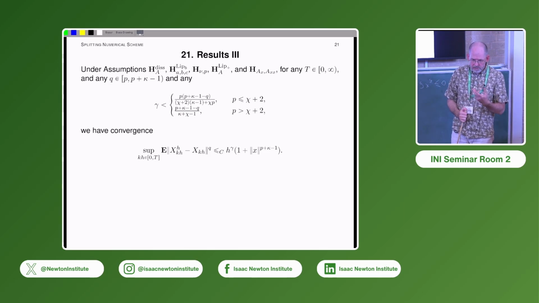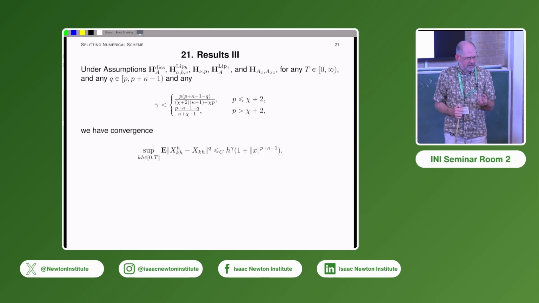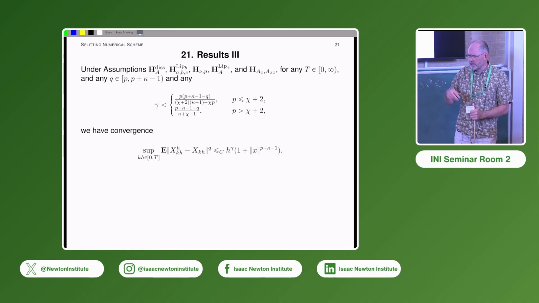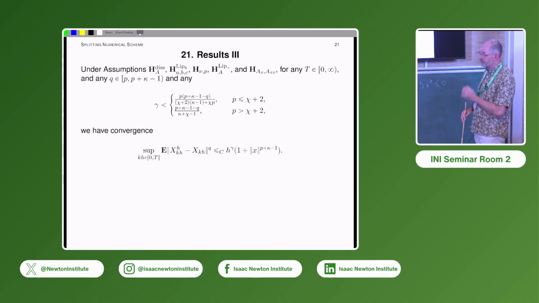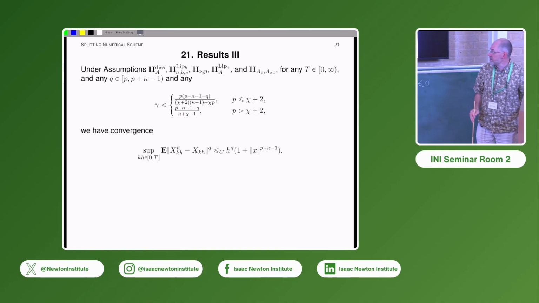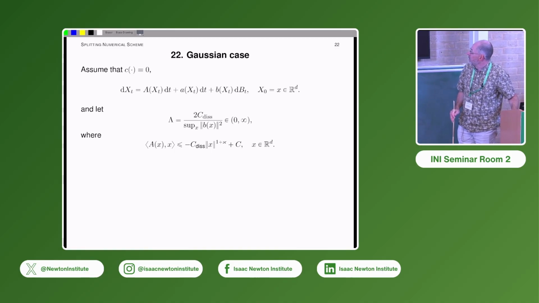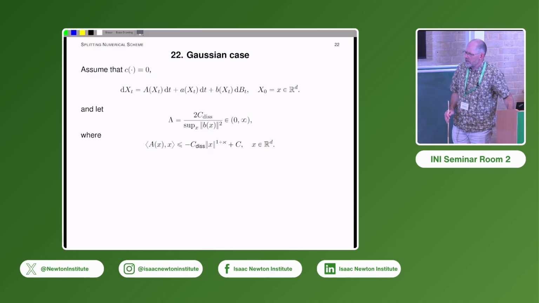And if you put in numbers, you will see that it is really very slow. It will be something like 1 divided by 20, for example. So this means slow convergence is not surprising. Good. So this is the result. Everything works. Now, yes, in the Gaussian case.